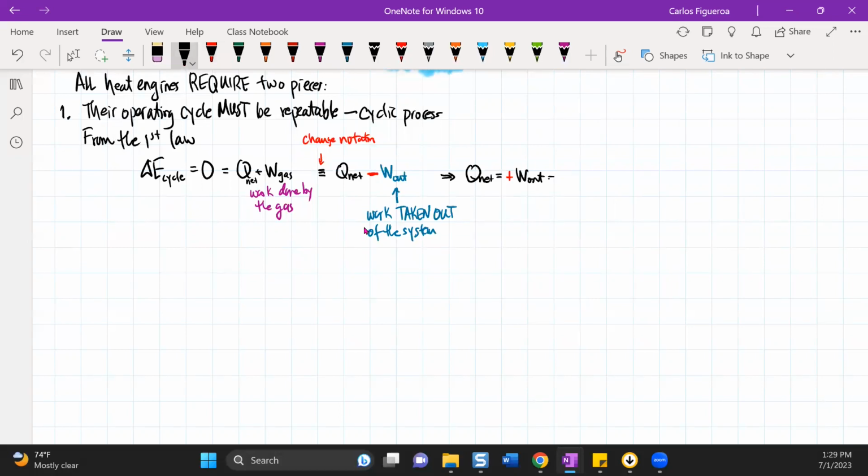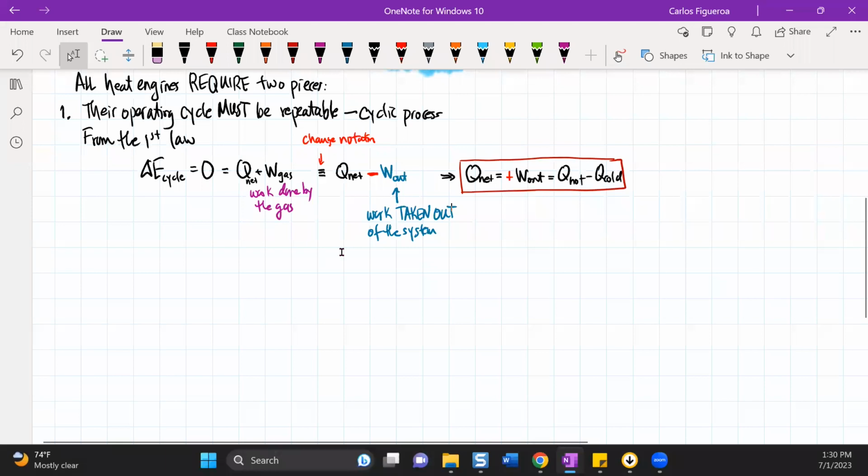But Q net is also Q hot minus Q cold. So it turns out that this becomes the most important relationship when starting to look at engines. And then picture-wise, it makes sense. For a cycle, there is no change in internal energy, so we don't even have to include it.